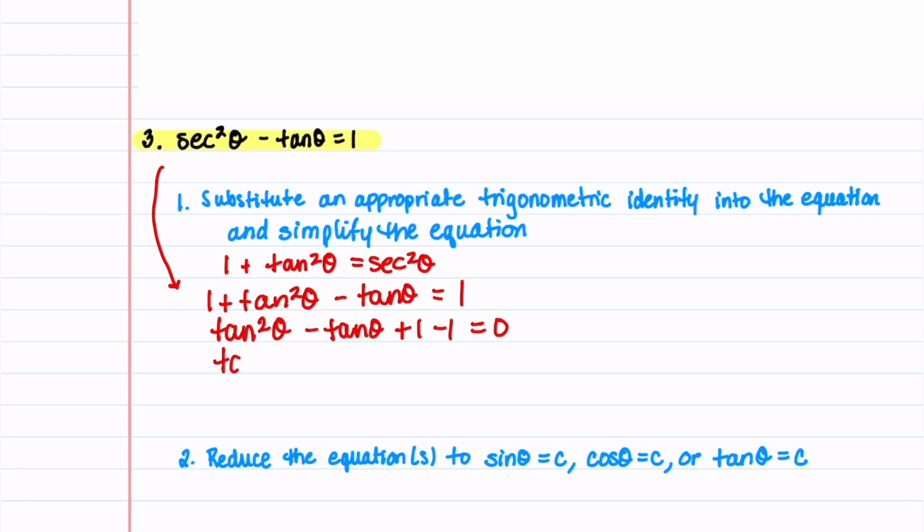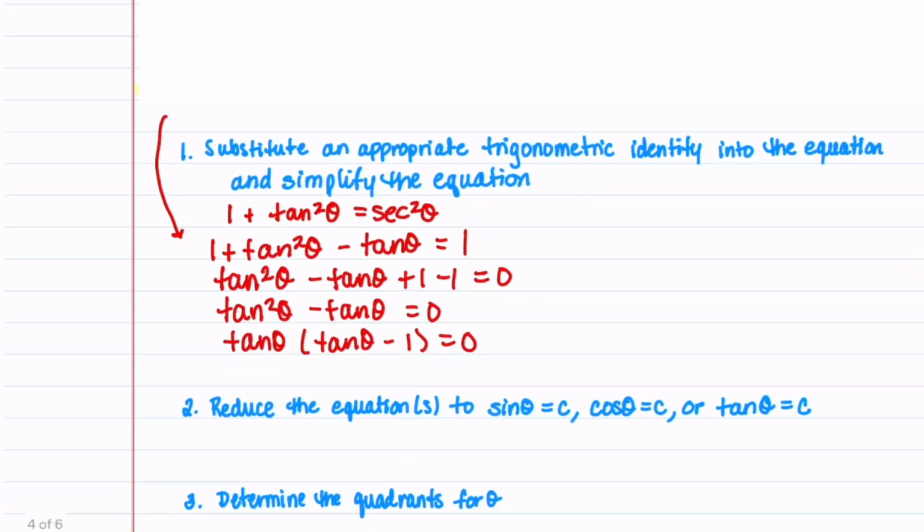So this gives us tangent squared theta minus tangent theta is equal to 0. We can now factor out a tangent theta, and we're left with tangent theta times tangent theta minus 1 is equal to 0.